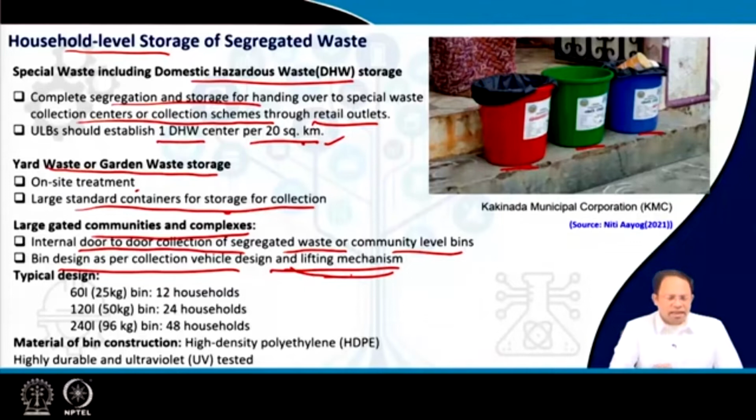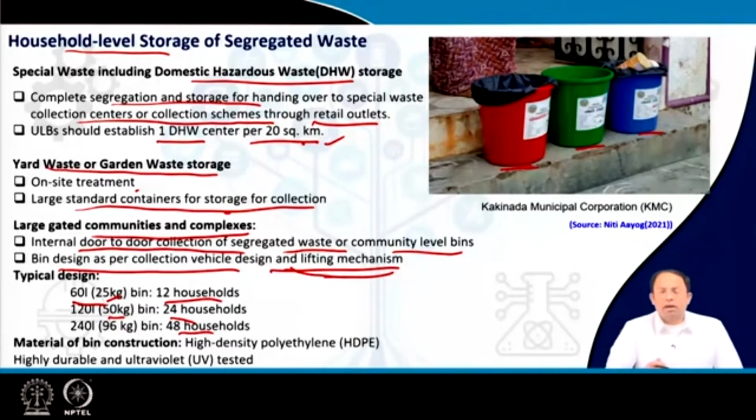So, a typical design: for a small complex of 12 households, a 60-liter bin is fine, which holds around 25 kilograms of garbage. For a complex with 24 households, it could be a 120-liter or 50 kg bin. For 48 households, a 240-liter or 96 kg bin, and so on.